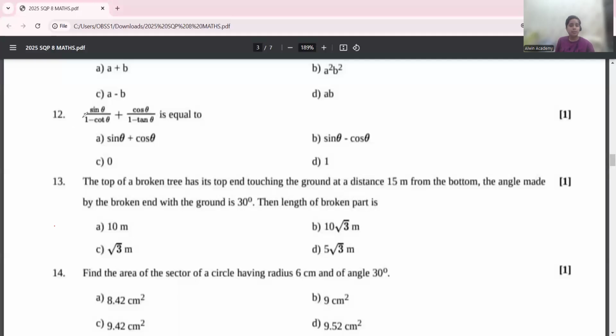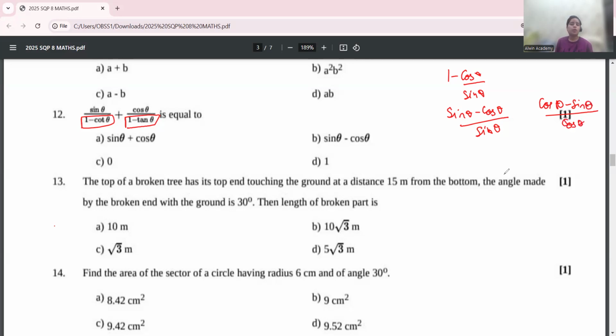Going to the next question, we are given this trigonometric expression and we have to simplify it. First, I'll simplify this particular denominator, that is 1 minus cot theta. Cot theta is cos theta by sine theta. So we have 1 minus cos theta by sine theta. I take the LCM, I get sine theta minus cos theta by sine theta. Similarly, when I simplify this other denominator by taking LCM, tan theta is sin theta by cos theta, herein I will get cos theta minus sin theta upon cos theta.